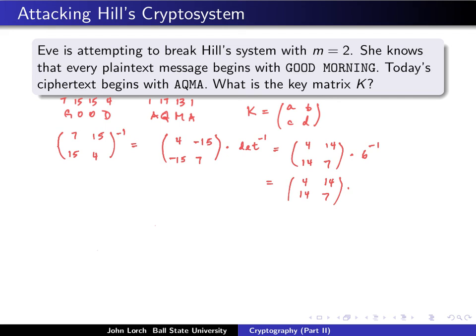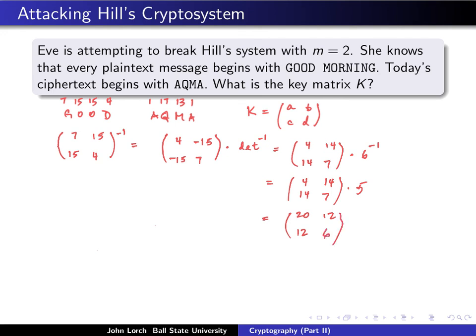So that means that 6 times 5 is equal to 1 in F29, and that means that 6 inverse is equal to 5. So now what we're going to do is take every entry in this matrix, multiply it by 5, and then reduce mod 29. And when you do that, you wind up with this matrix. So it's going to be 20, 12, 12, and 6.